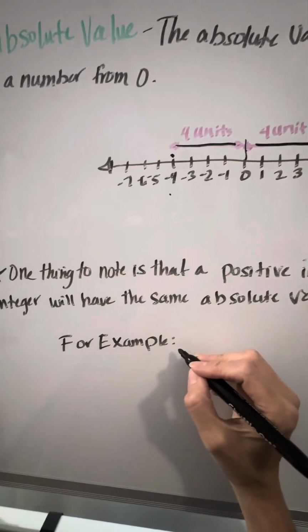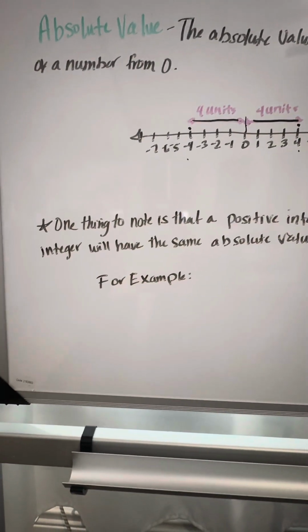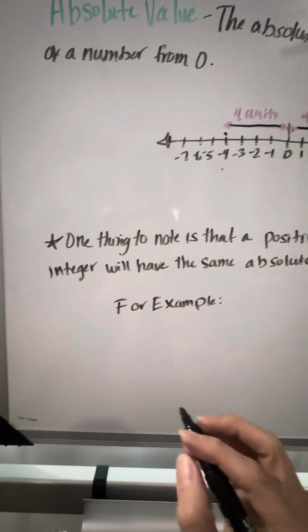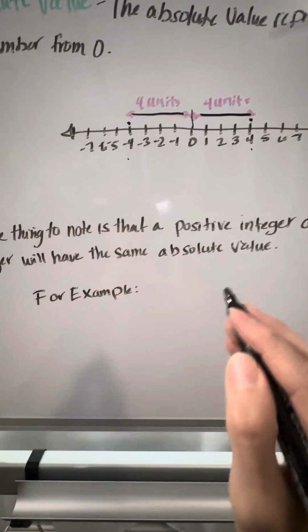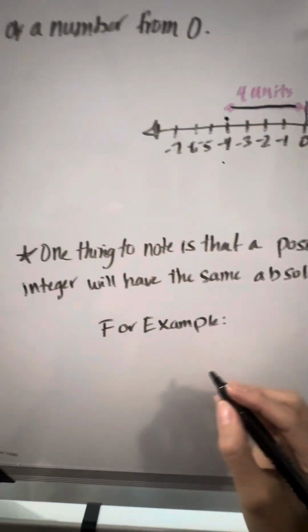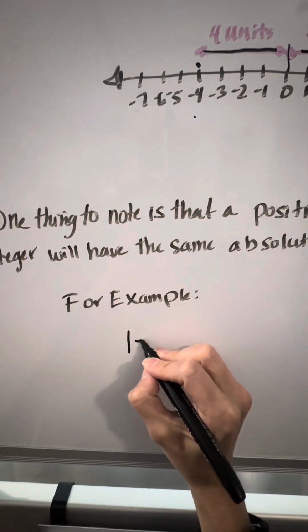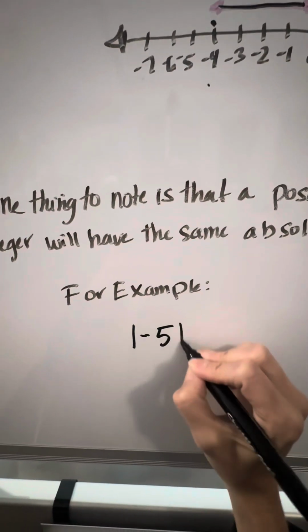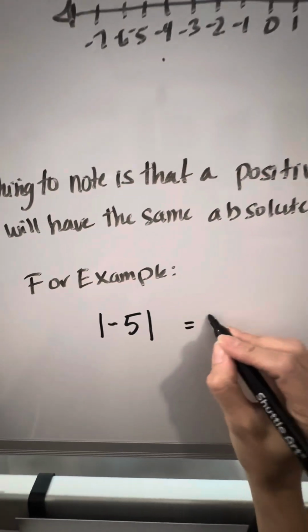And I'm going to give you some examples right here. Okay, so some examples showing absolute value. Let's find the absolute value of -5. The absolute value of -5 would be 5.